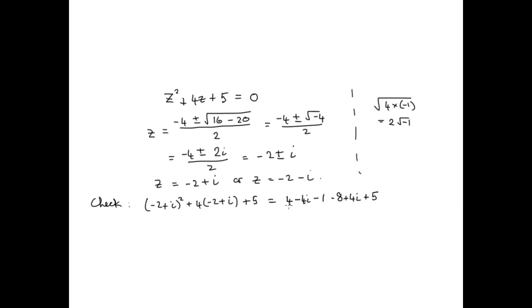And when I check that, 4 minus 1 is 3, minus 8 is negative 5, plus 5 is 0. Sorry, lost the plot there. Negative 4i plus 4i is 0 also. So that certainly does satisfy that equation.